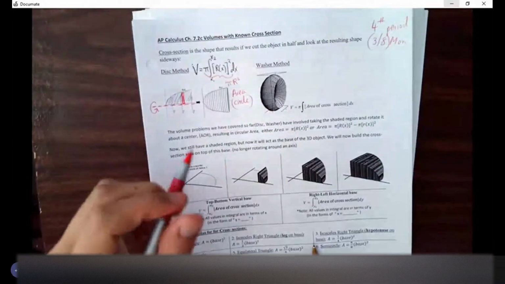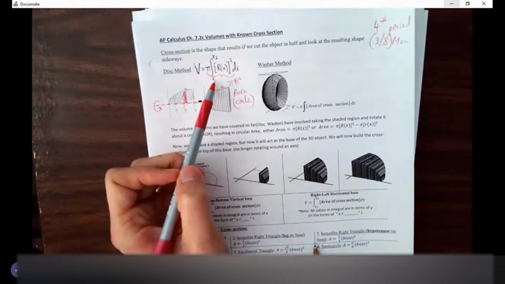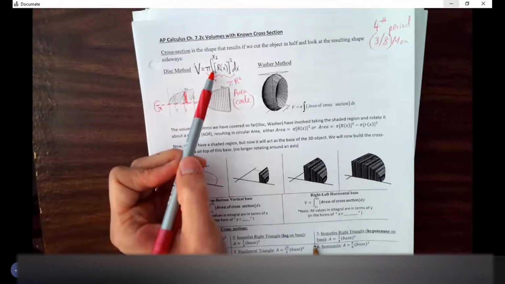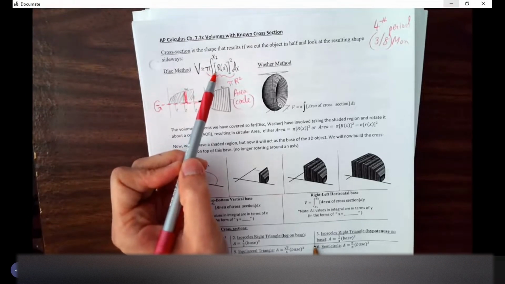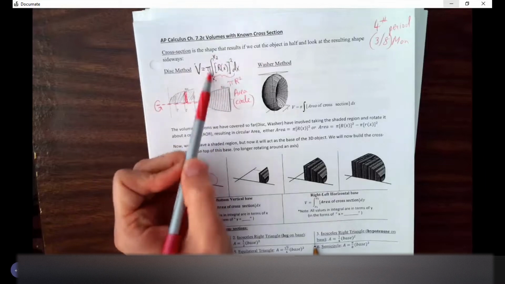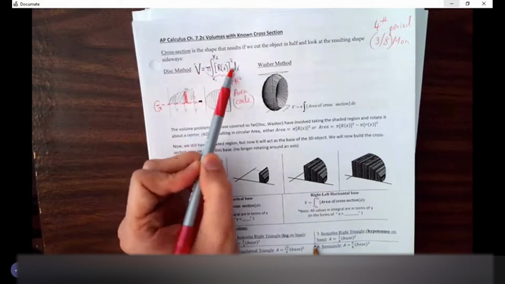So what we're doing different today is we are no longer going to be rotating, which means that there may not be circles involved. We're going to be building different shaped objects on top of a base. So that means this is going to change. We're still going to have the integral. We're still going to have our bounds, but now our shape is going to change.